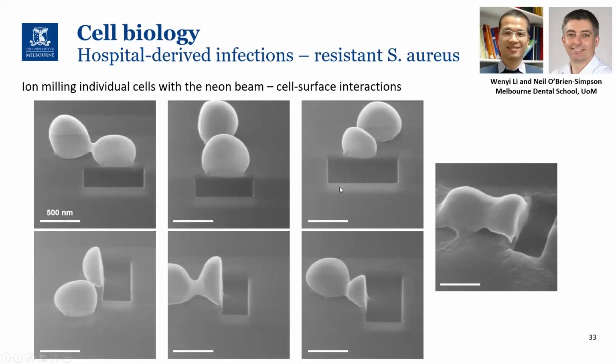Now in this particular part, we didn't really see much. This was very much a first attempt at this research, but you can see that this is the power of this particular source, that we can create very, very fine structures for milling surfaces away, and in particular milling very soft materials such as bacterial cells. So this is very much ongoing research.